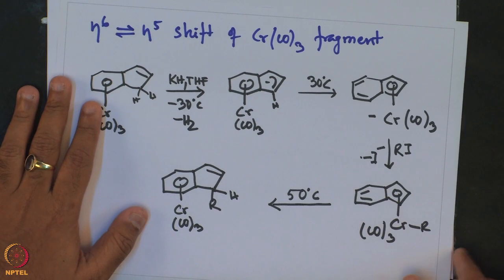Another such shift involves going from one eta 6 ring to the other eta 6 ring. So, the previous one was going from eta 6 to eta 5 back and forth, and the subsequent example that you would see would involve shifting from eta 6 to eta 6.